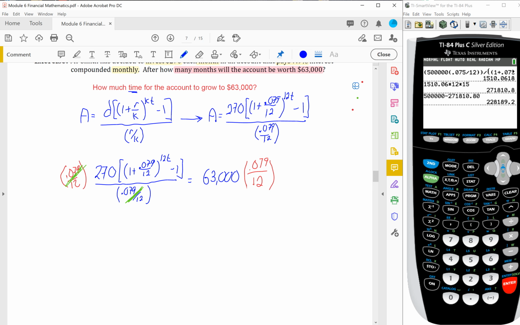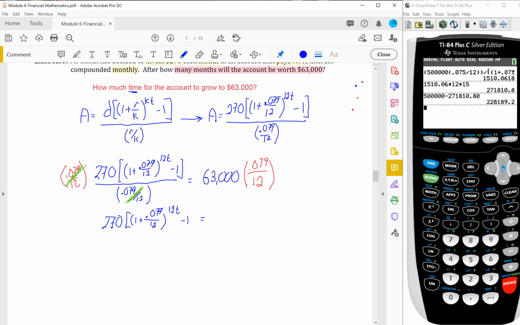And I think what we get back is going to be the $270 times 1 plus the 0.079 divided by 12, raised to the 12t minus 1.